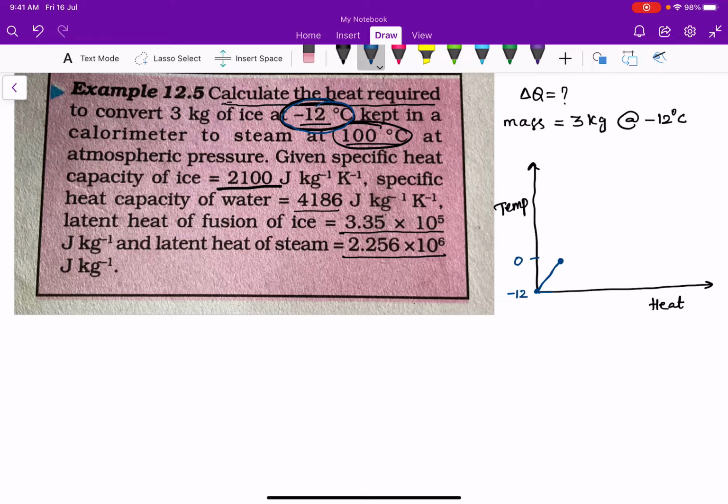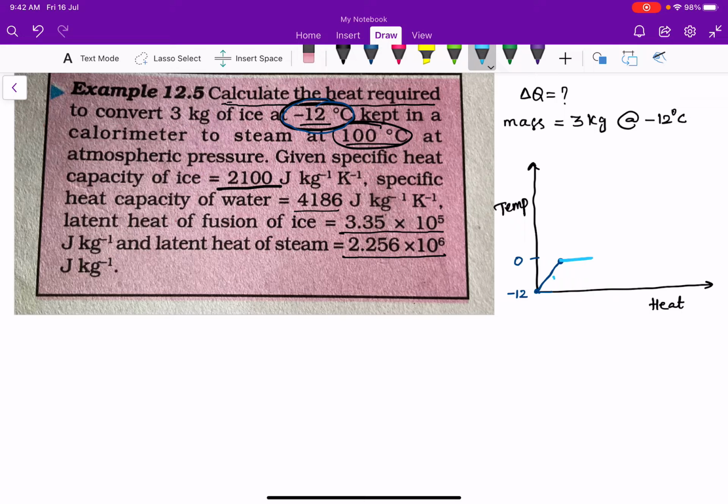At 0 degrees Celsius, when we keep on supplying the heat energy to the ice at 0 degrees Celsius, the ice will be converted into water slowly. So, the change of state occurs at 0 degrees Celsius, at constant temperature. The change of state from ice to water occurs at 0 degrees Celsius at constant temperature.